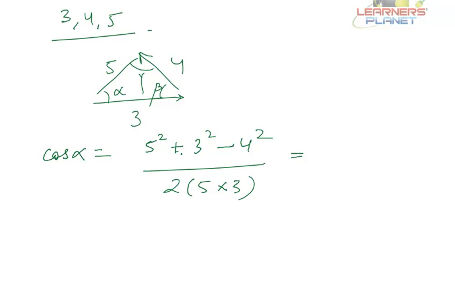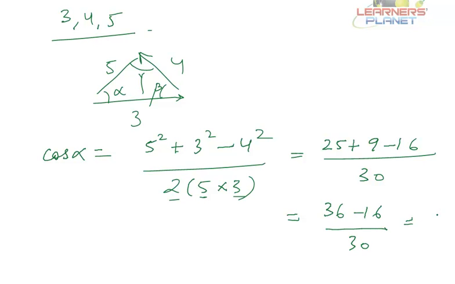This will be given by how much? 5 square is 25 plus 9 minus 16 divided by 2 into 5 into 3, which is 30.